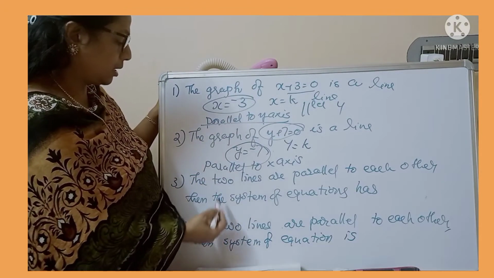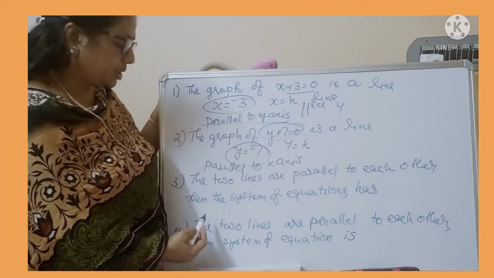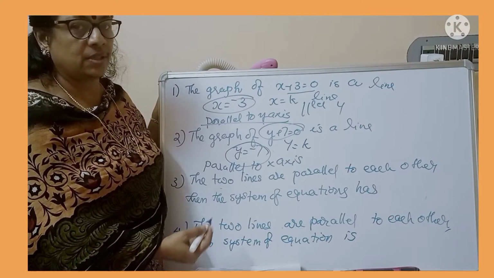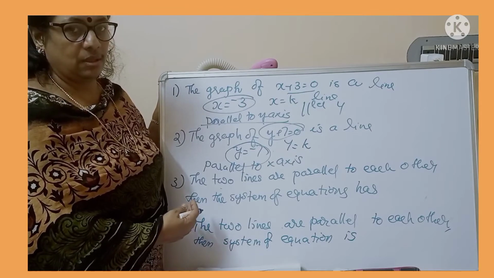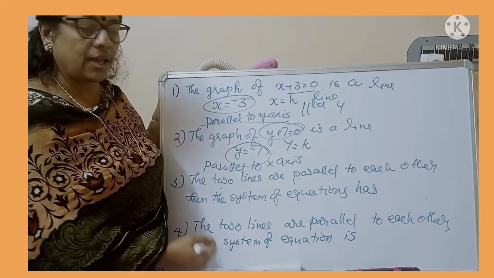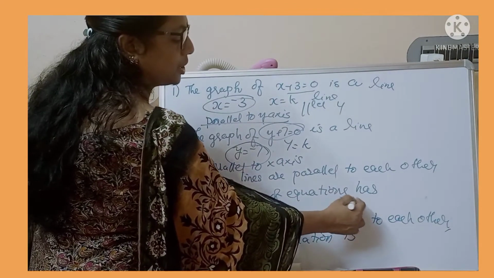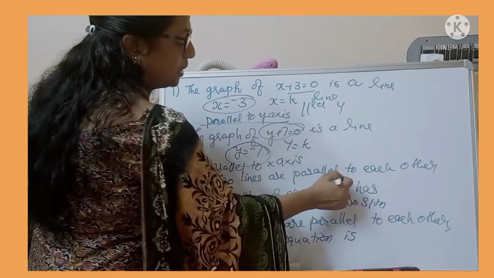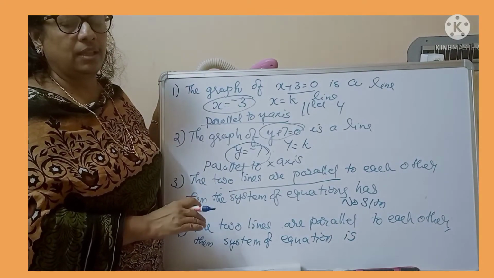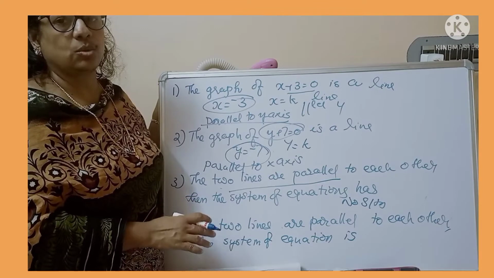Then third one, the two lines are parallel to each other, then the system of equations has a solution or not. Since they are parallel, the system of equation has no solution. Since they are parallel, they will not intersect each other. That means the system of equations has no solution.